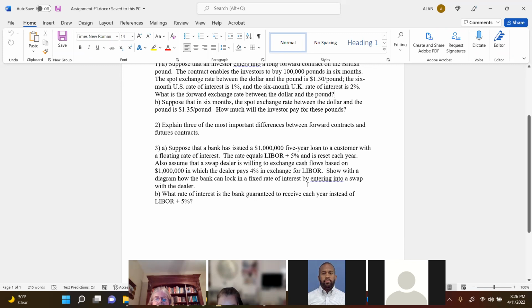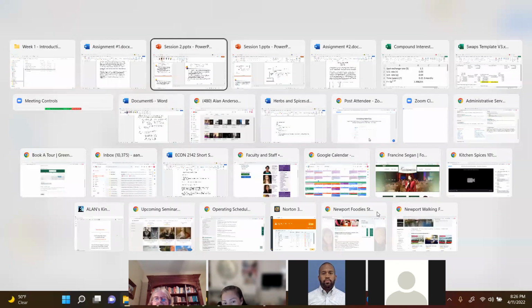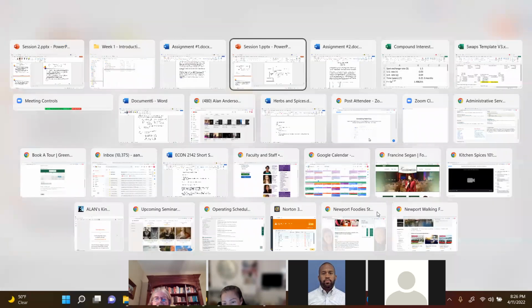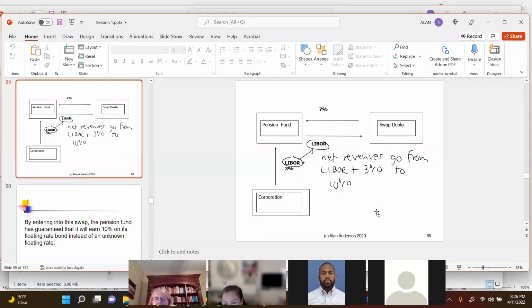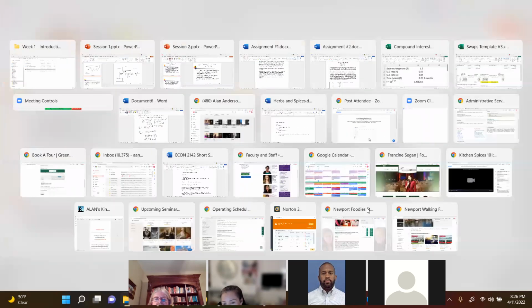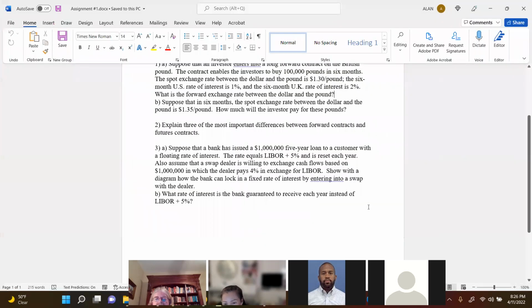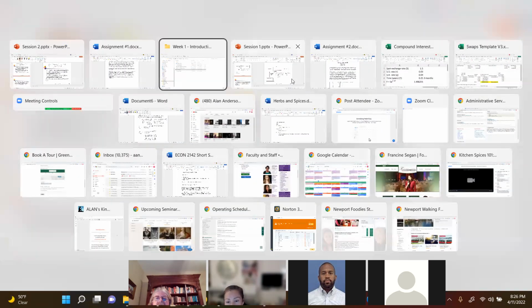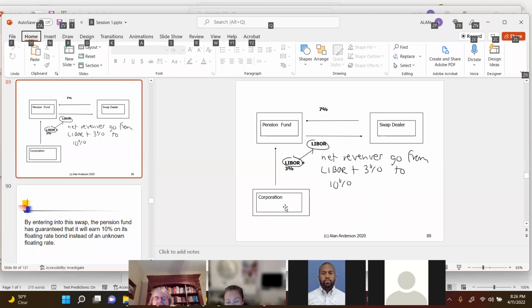So when I do my graph, I'm not going to put LIBOR plus 5% and then 4% plus 5%. Because they're only swapping LIBOR for 4%, I'm just going to do LIBOR. Right, exactly. The 5% is not included in the graph, right? Right. The loan is normally LIBOR plus 5, down here, yes, exactly. The trade between the dealer and the other party is going to be LIBOR for 4.